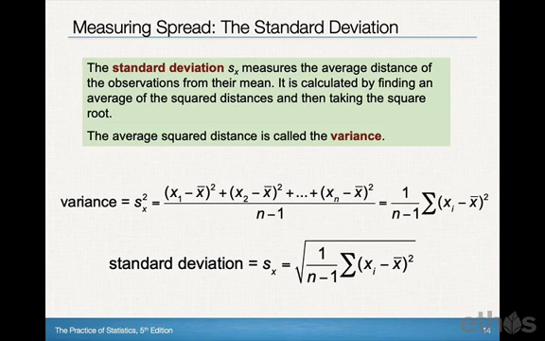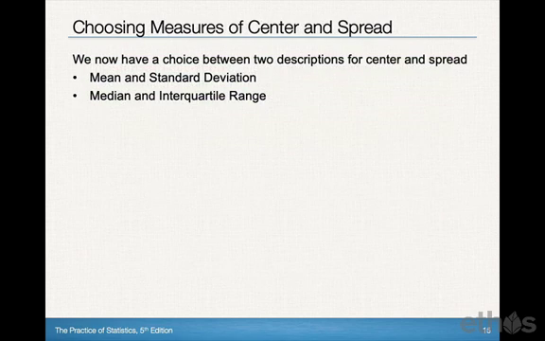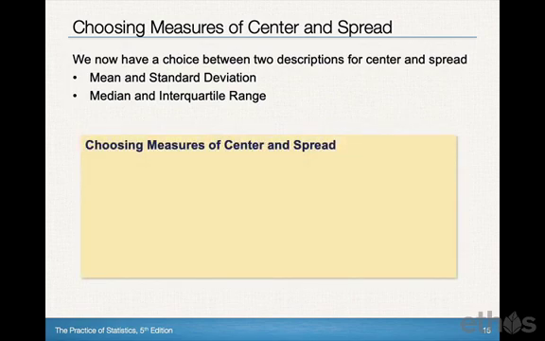Just know that we're going to use S sub x on the one variable stat screen. Again, I apologize I can't show you the screen just now, but I will find a way to put some screenshots up on the website for you. Okay. Learn to do it in your calculator, and you won't have to do it more than once in the homework.